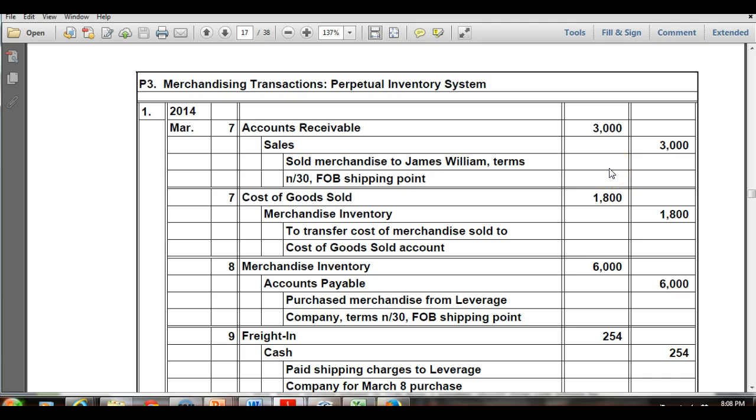Remember, this is a two-part transaction when we sell products. We have to show the sale, and we also have to show the cost, take it over to cost of goods sold, and reduce our merchandise inventory, don't we? Does that make sense?